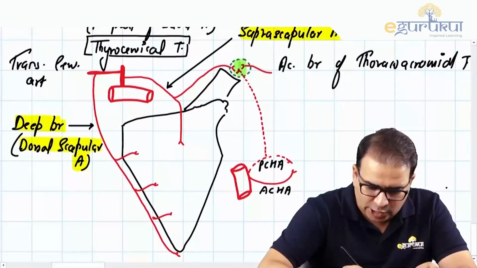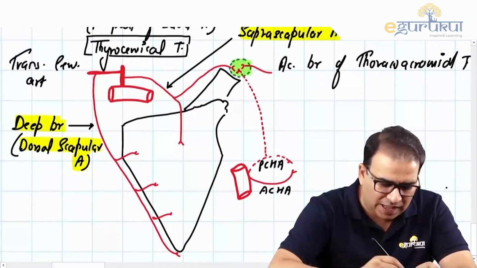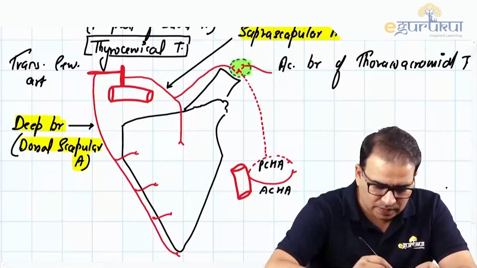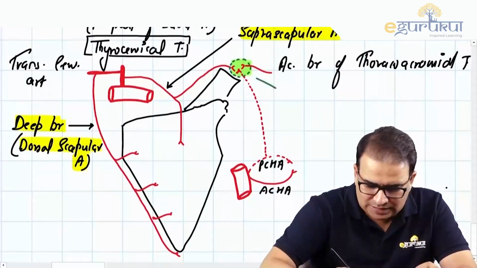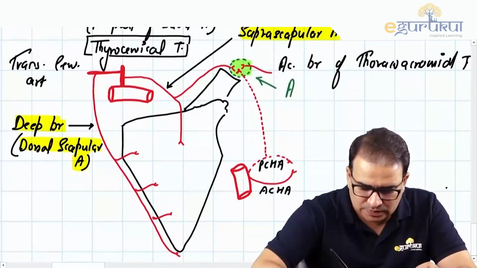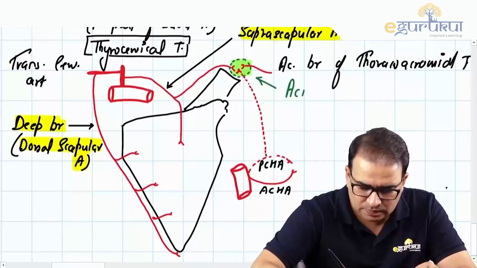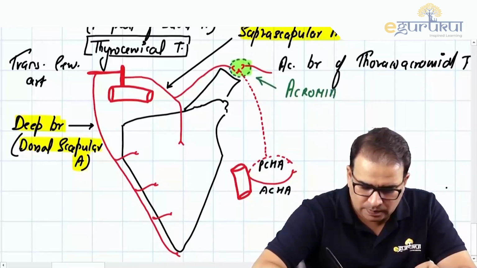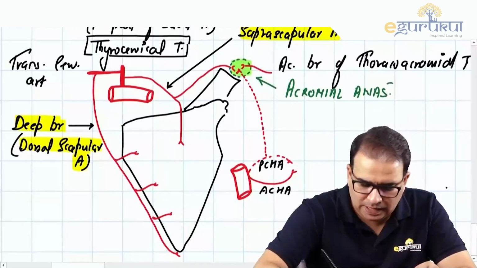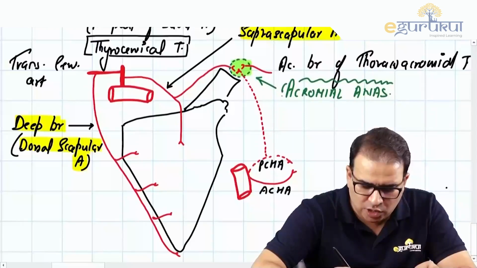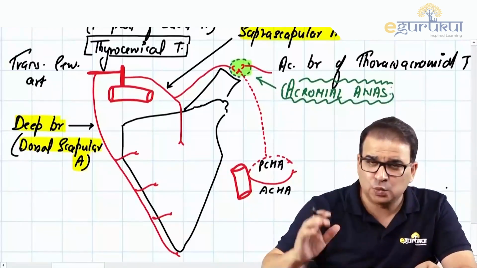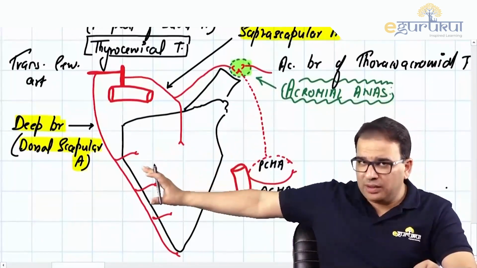And this anastomosis here, which is taking place at the acromion process, is called an acromial anastomosis. That is an acromial anastomosis. So when we talk about the scapular anastomosis, there is one anastomosis which will be taking place at the body.